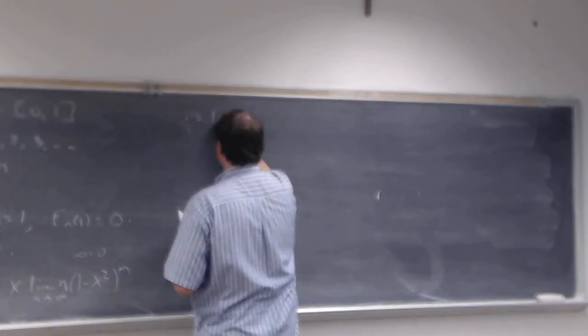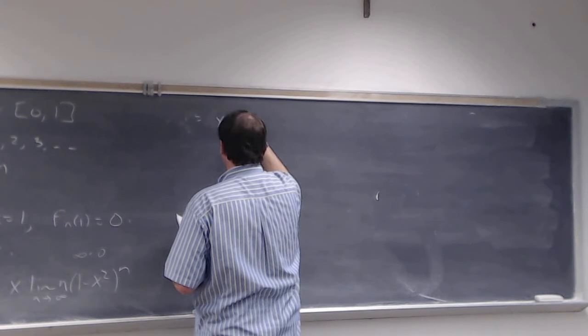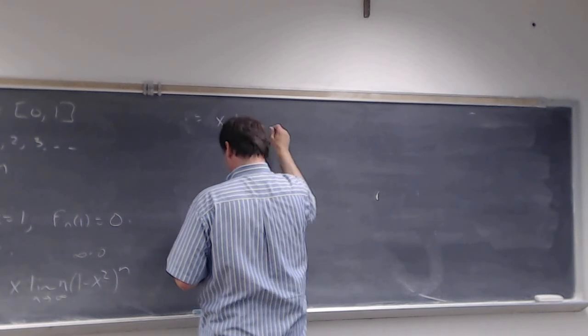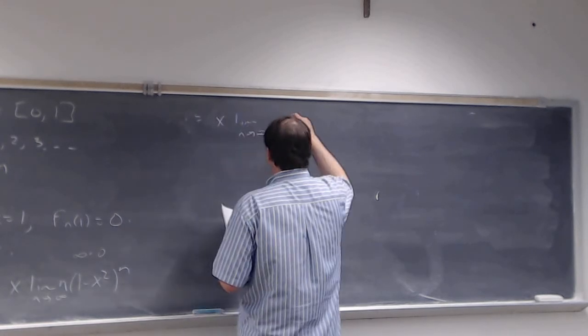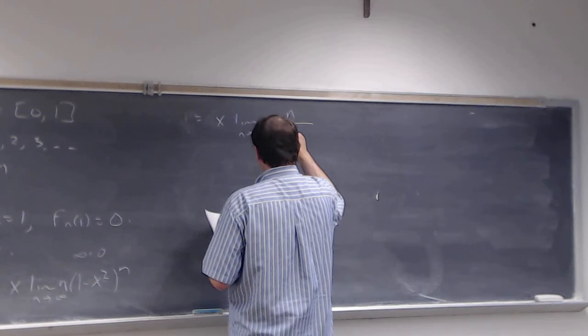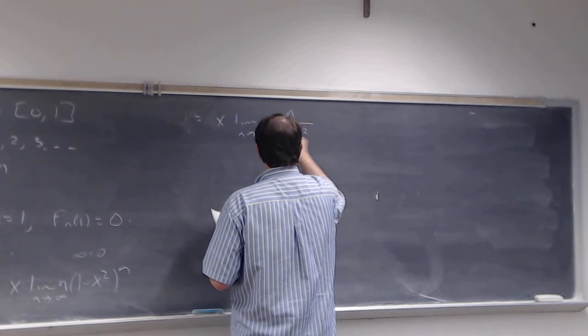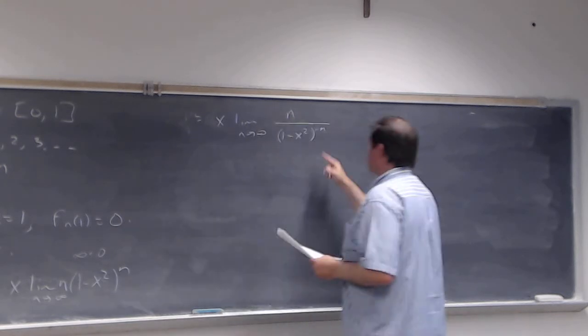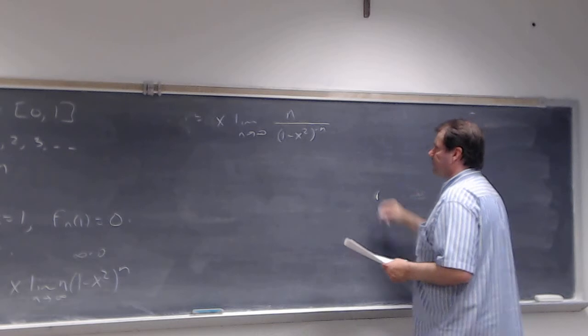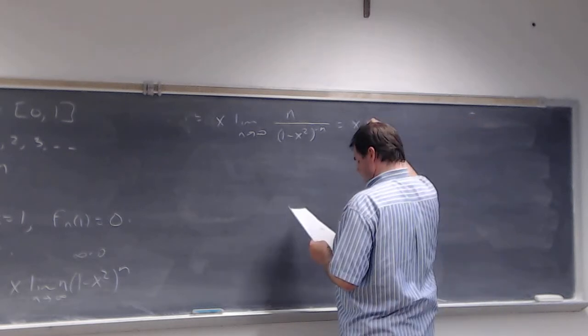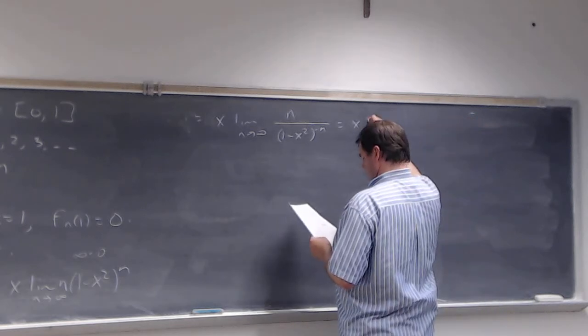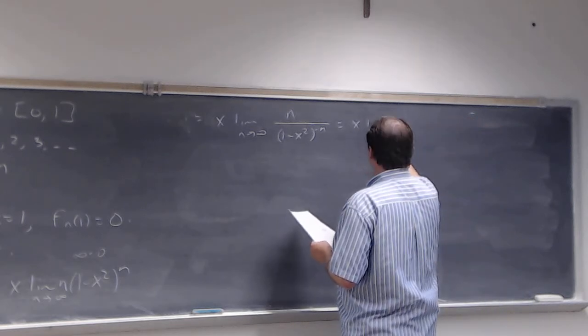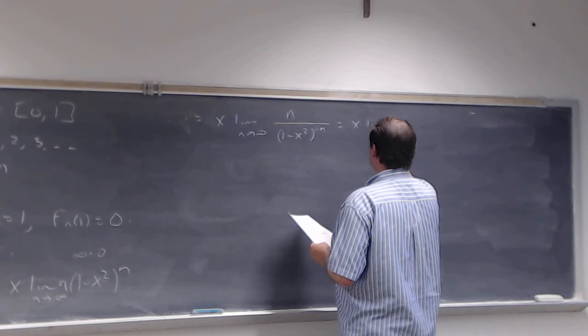So here's what we say. We say, well, that's equal to really x times the limit as n goes to infinity. And the way we'll rewrite this is n over 1 minus x squared raised to the minus n. So it's the exact same problem that we had. I've just rewritten it. This is equal to x times the limit as n goes to infinity.